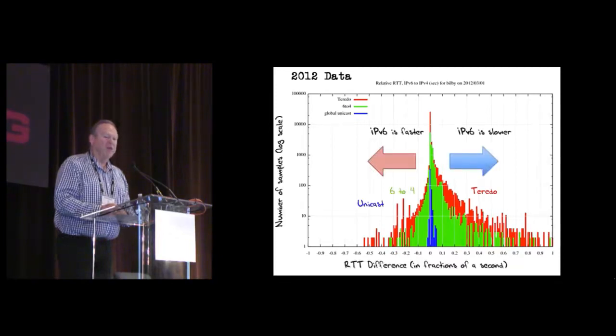What was going on was that, particularly in Teredo, red, and in 6-4, green, and even in unicast V6, most of the measurements were pointing to the fact that V6 had longer RTTs than V4. Why? Most of you are tunneling, and tunnels are bad. Tunnels invoke loud delay, tunnels invoke MTU problems.